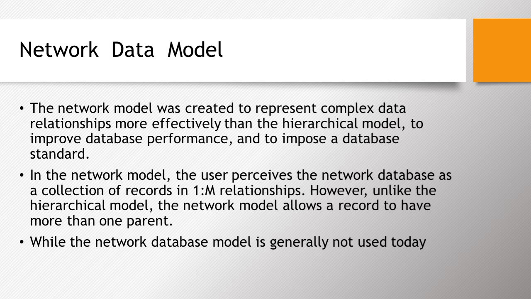In the network model, the user perceives the network database as a collection of records. The network model allows a record in a database to have more than one parent. While the network database model is not generally used, as I already told.